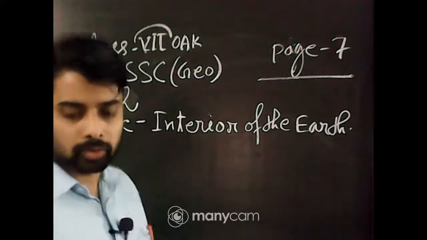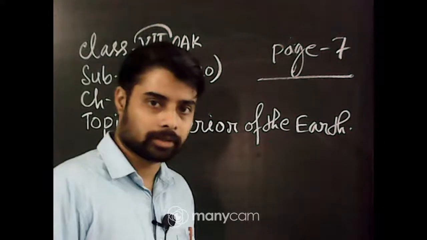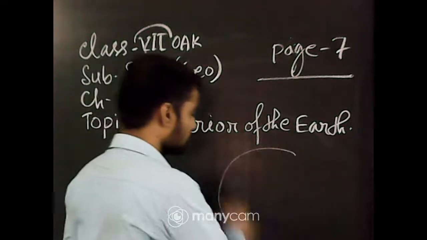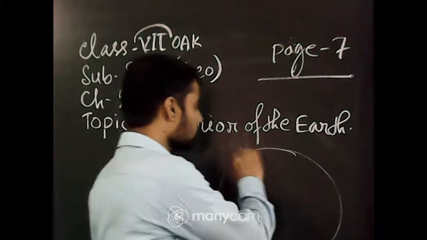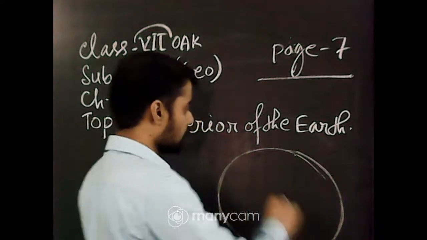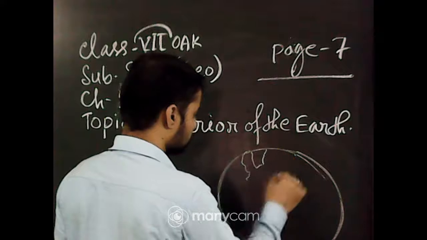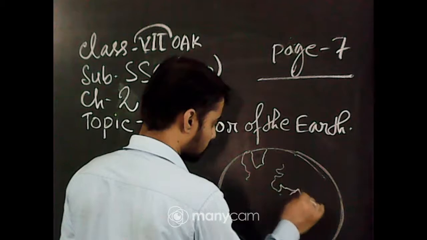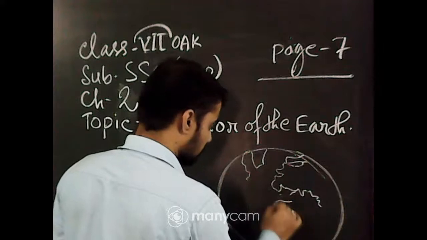So first you have to understand what is happening inside our earth. Our earth is a geoid shape, and we live on the earth's surface. We live on the surface, and all the continents are situated here. So these are all the continents.